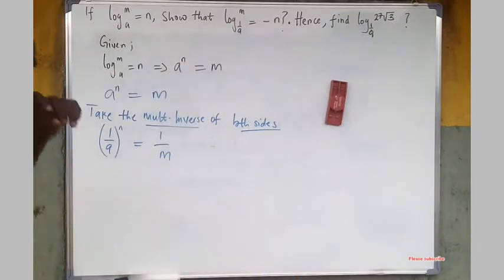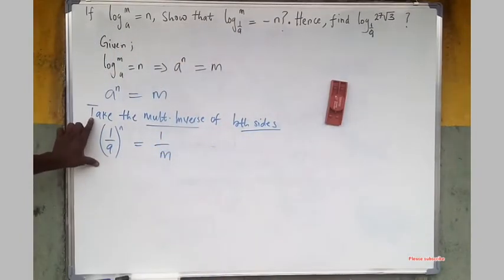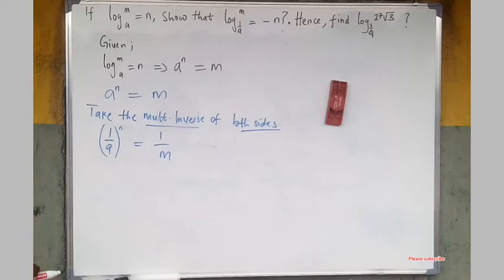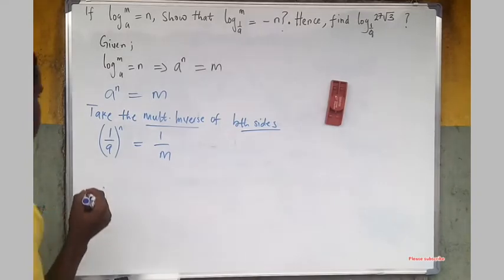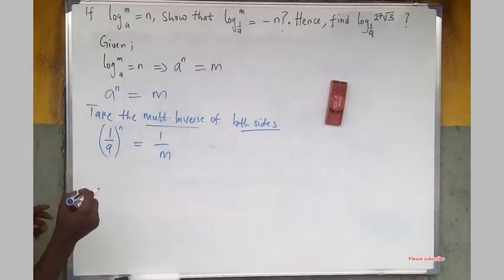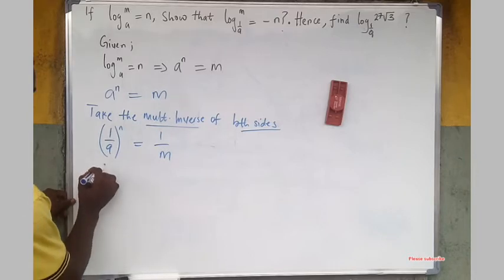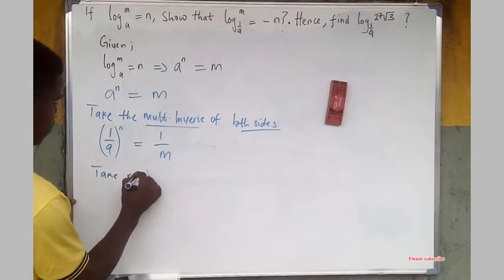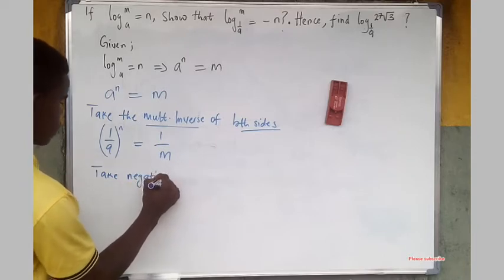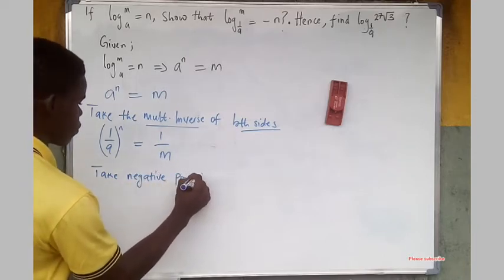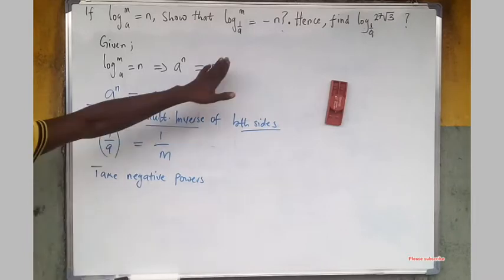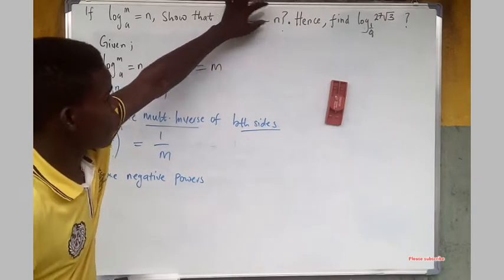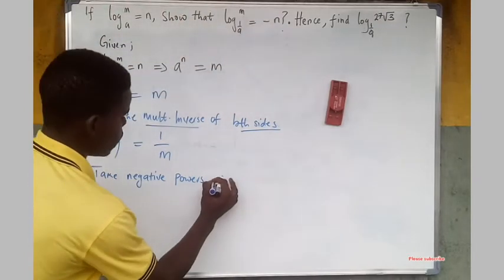Now, from here, let's try something else. Let's take the negative powers of both sides.